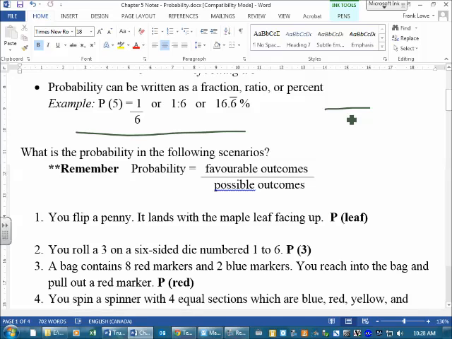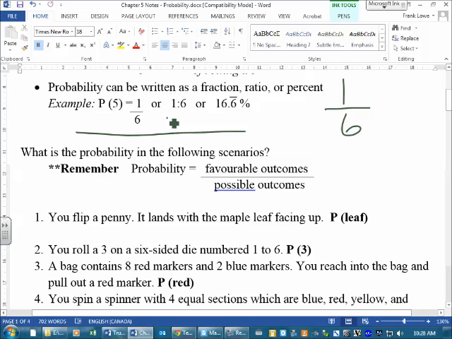So how many possible outcomes are there on a 6-sided die? There's 6 possible outcomes. And how many 5s are on that 6-sided die? There's 1. So 1 favorable, just one 5 over 6 possible.